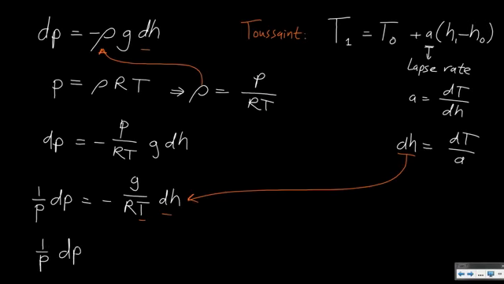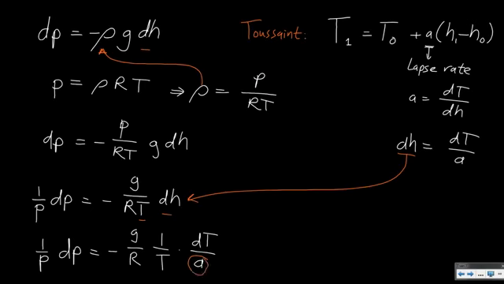1 divided by P times dP remains unchanged. Here we get minus g divided by R times 1 divided by T times dT divided by A. And we can write this in a different order because we have a number of constants here on the right side.